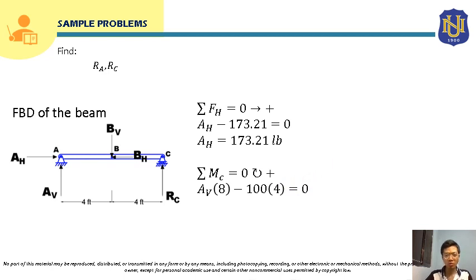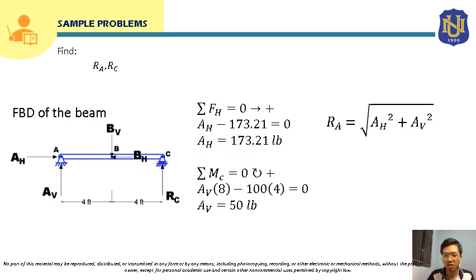So the only unknown here is AV, so we can solve for AV. We transpose negative 100 times 4 to the other side. That will become positive 100 times 4 divided by 8 to solve for AV. So 50 pound. This will now be our AV. So we can now solve for the reaction at A by solving for the resultant of AH and AV.